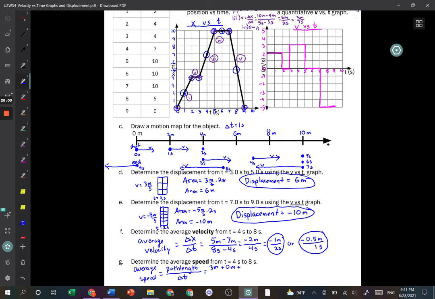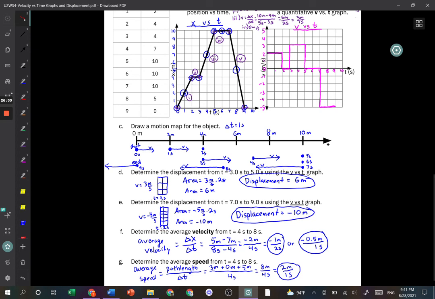However, this object still traveled an additional distance of 5 meters. And all of this occurred in those 4 seconds for this region. So the change in distance, or the length of the path traveled, is going to be 8 meters over 4 seconds. So our average speed here is going to be 2 meters for every 1 second.